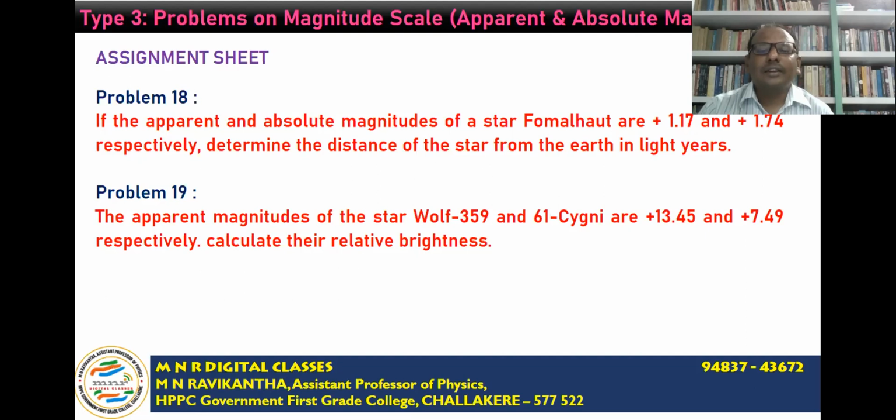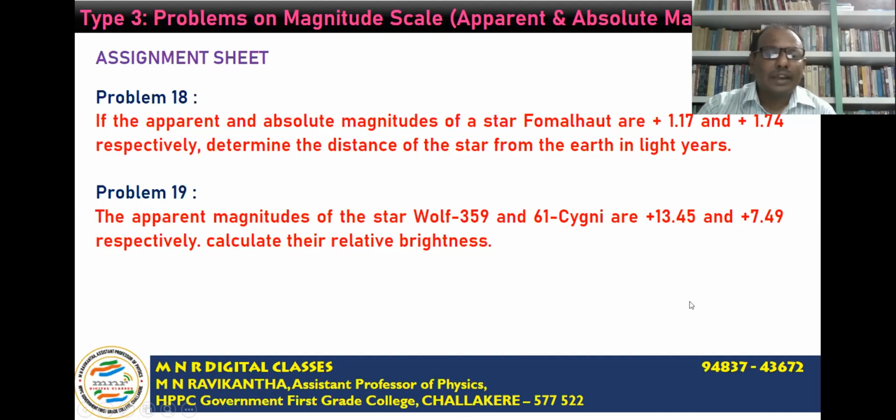We know the relation small m minus capital M is equal to 5 log D minus 5. When we substitute the values and simplify, we get the distance D in parsec. Convert that into light years by multiplying with 3.2616, since 1 parsec is equal to 3.2616 light years. That gives us the final answer.